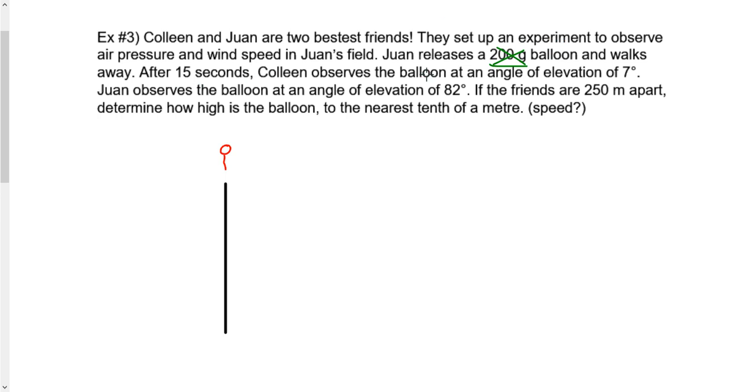What we do need to know is that Colleen is observing it at an angle of elevation of 7 degrees, whereas Juan is observing it at an angle of elevation of 82 degrees.